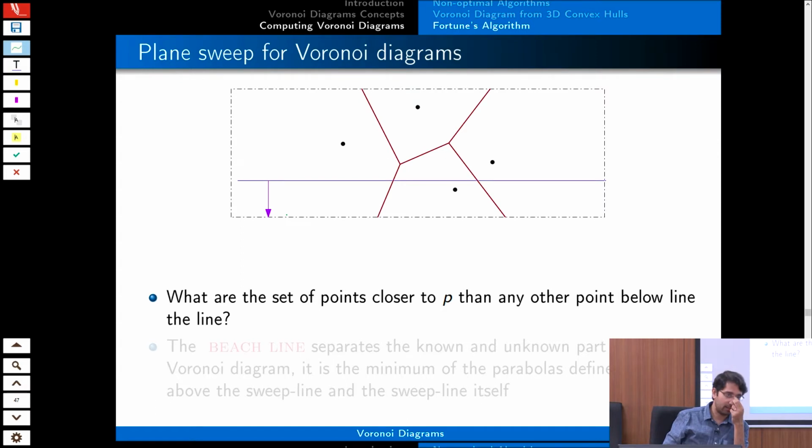For this I will sweep a line from above to below, but you can do it from left to right as well. I have just created the slides from above to below, but the same arguments hold when you sweep from left to right.